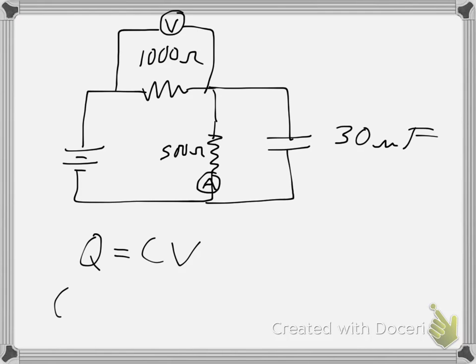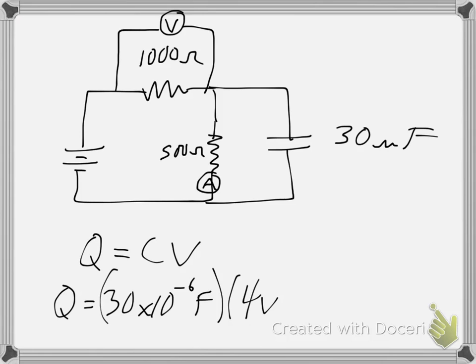So if we plug it in, Q equals 30 times 10 to the negative 6 farads, that's microfarads, times 4 volts, we'll get the charge of 1.2 times 10 to the negative 4 coulombs.